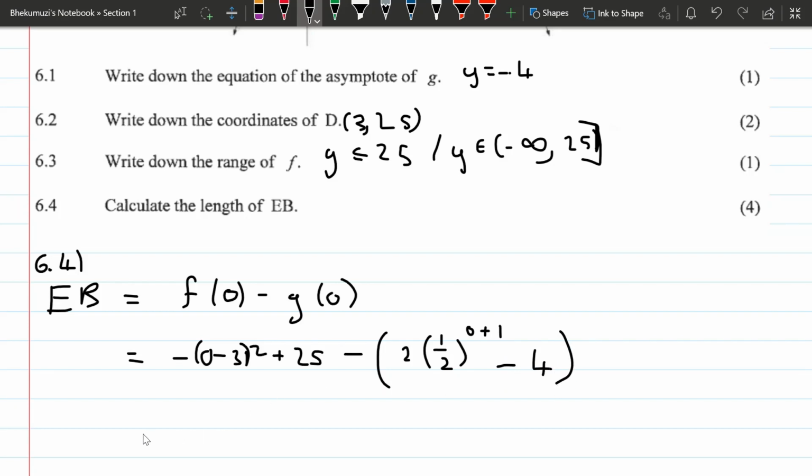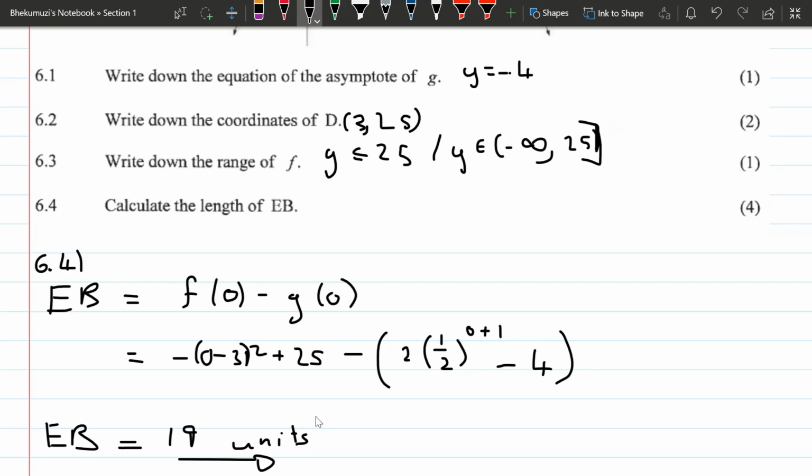And when you do this on your calculator, you'd find that the answer here would be 19, right? So EB will be 19 units, because it's length. So it's 19 units, and basically that's how we found that value.